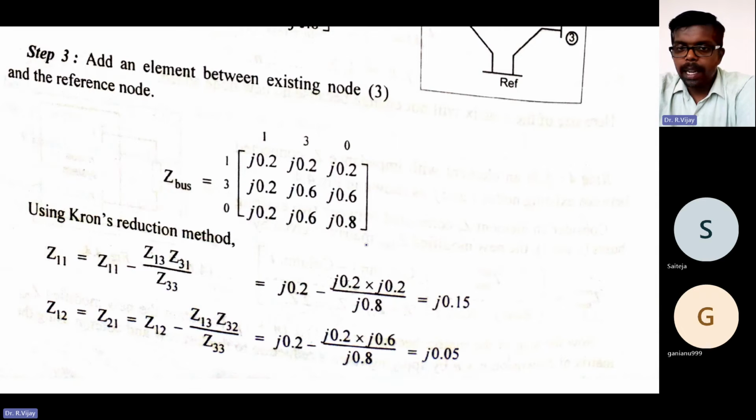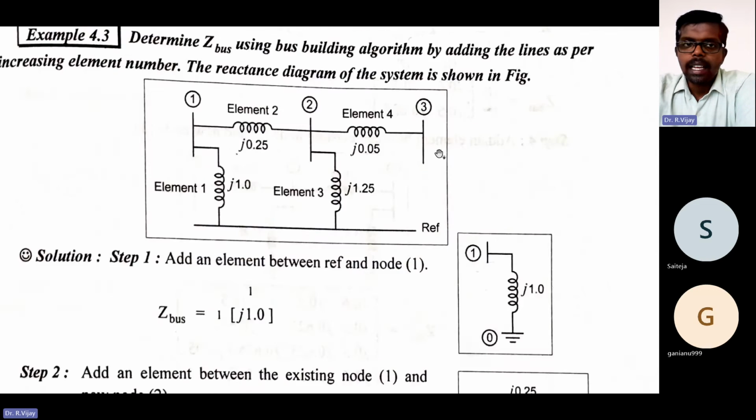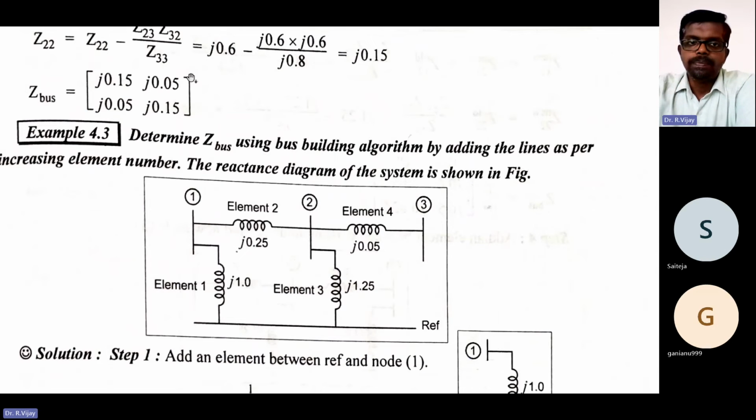If you multiply this, you can use your scientific calculator, or this is very simple, you can do it directly. Whatever the calculation you do, the answer will be the same.